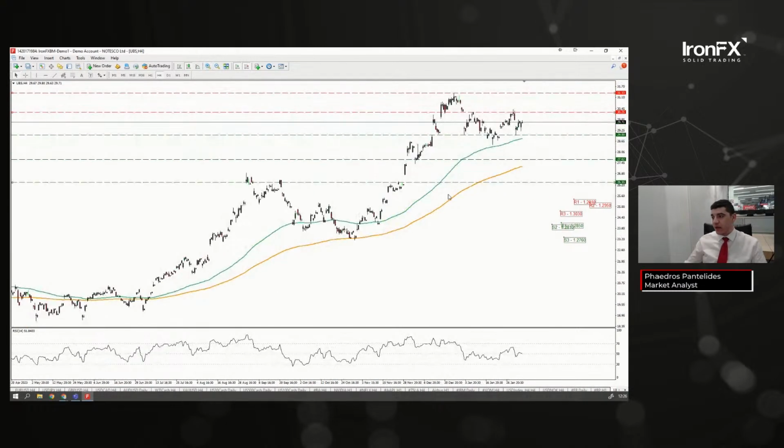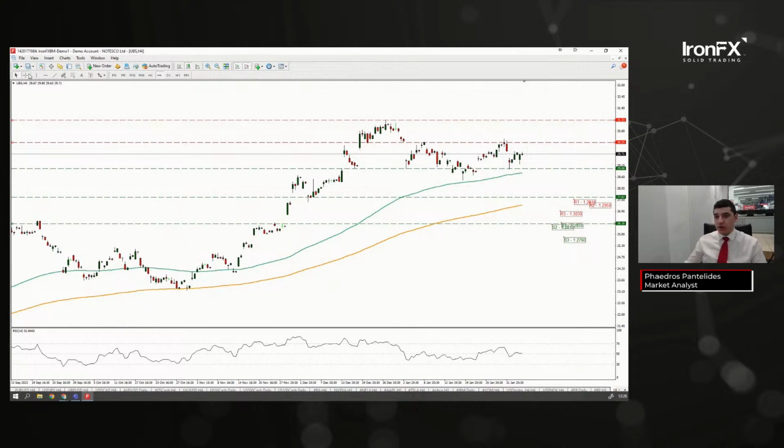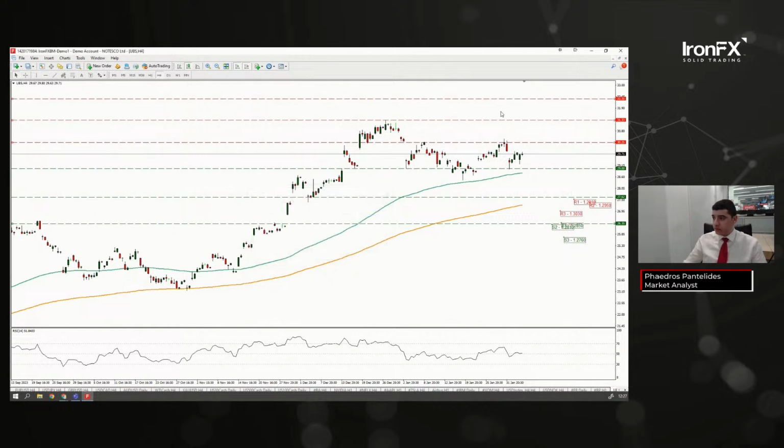So for R3, we'd have to extrapolate the distance between perhaps R1 and R2 and then reflect it higher. So it's about 1.05, then 32.20, 32.35. So I've got R3, R2, and R1.